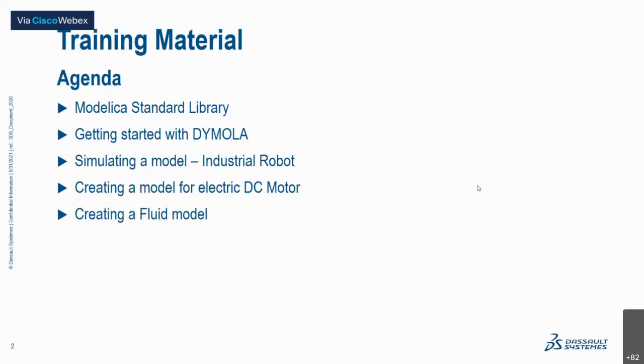Then we'll simulate a basic example model in DYMOLA, which is an industrial robot model. Then we'll create our own model for a DC motor by dragging and dropping components from the library. And then we'll create a fluid circuit model by dragging and dropping the fluid components. That is how we'll go through this session.